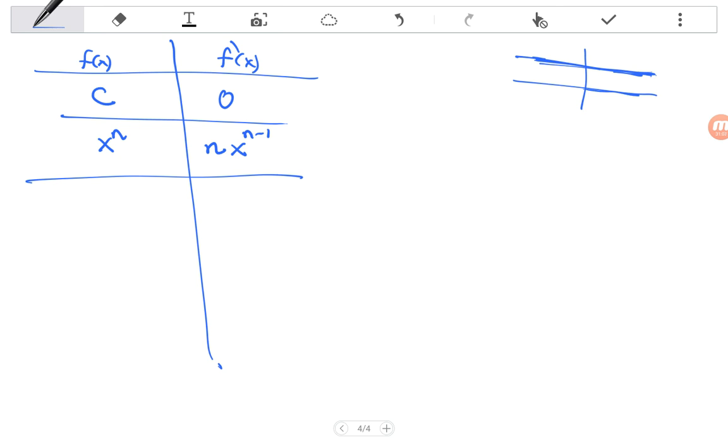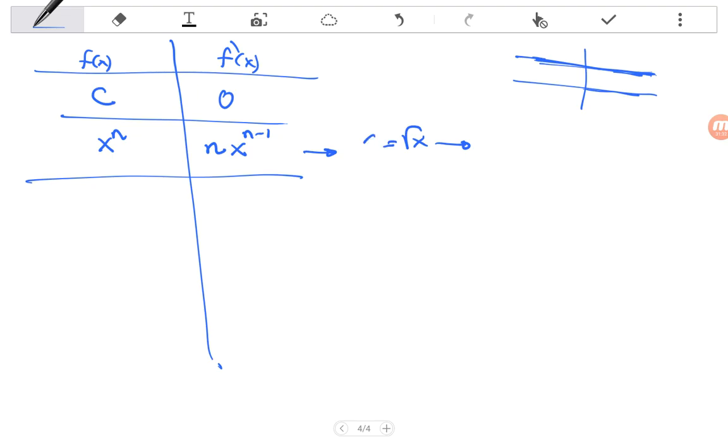Taking down the power, then subtracting 1 from the power. Now this rule applies for any n, whether it is positive or negative, a fraction or not. For example, if I had root x, what is the derivative of root x?